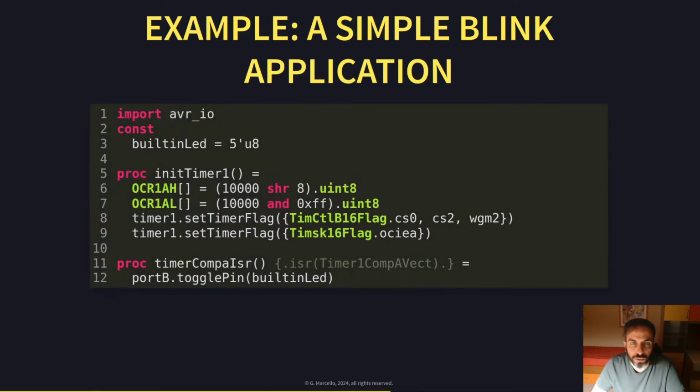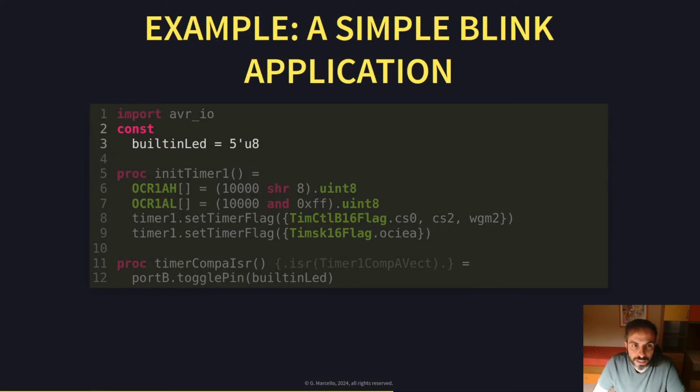So let's just code this, and you can see here that I defined the built-in LED as the 5th pin in port B, and here you can see that I'm using the OCRA high and low registers and put there our 10,000 value. And then I'm going to initialize the flags here. The first one is the B flag, which will be initialized in order to have the prescaler of 1024 and the specific timer mode we're interested in.